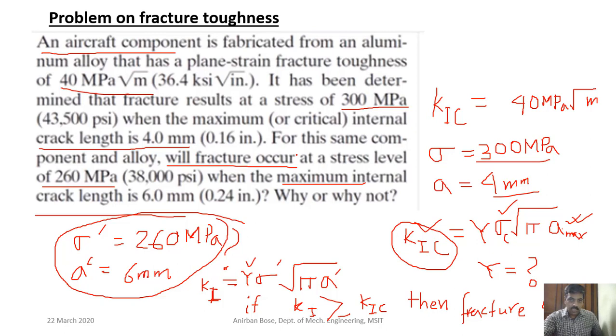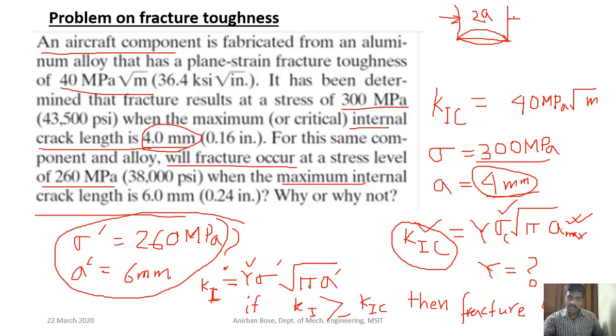Here, one thing you just observe in the last problem we discussed: the internal crack length is 4 millimeter, but A is not 4 millimeter. If you remember, the crack length from here to here was 2A.